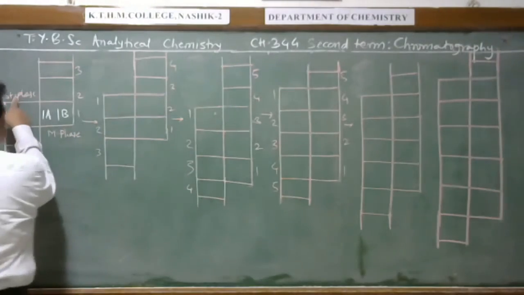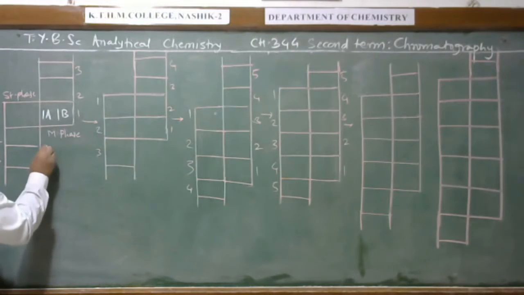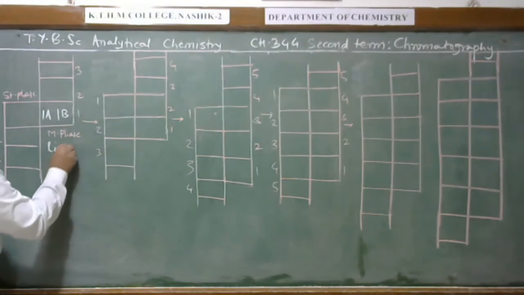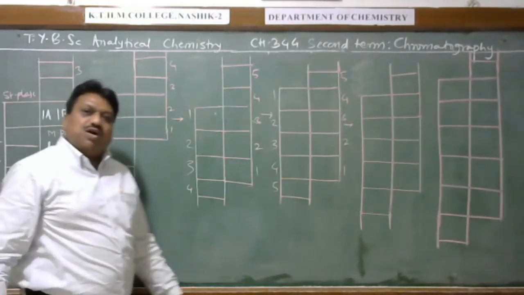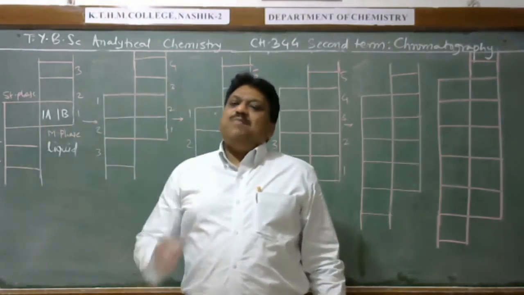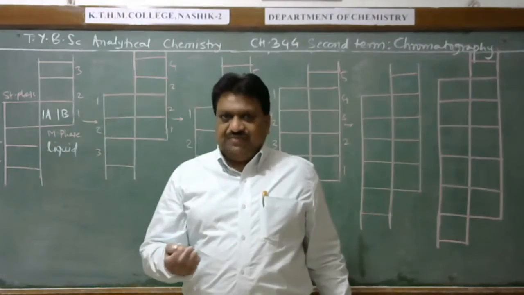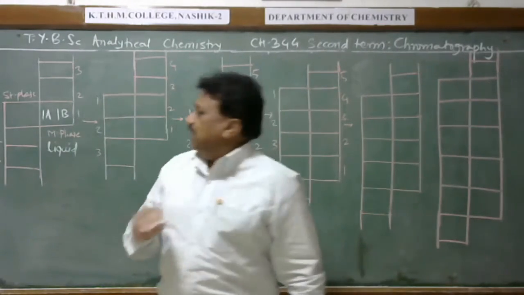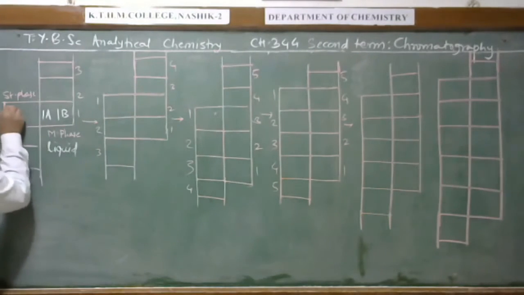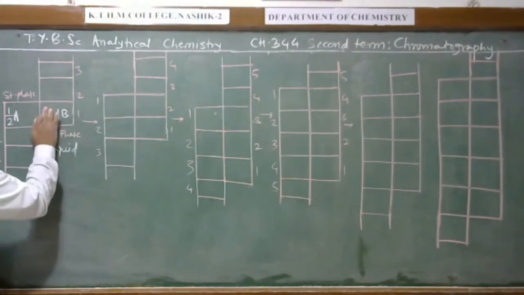This is the stationary phase liquid, this is mobile phase liquid, both are liquids. Here, if A is equally soluble in both solvents, half of the A will be in stationary phase and half of the A will remain in mobile phase. That means it gets distributed in this fashion, one half A and here one half A.